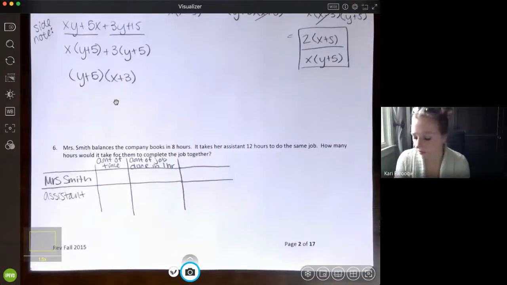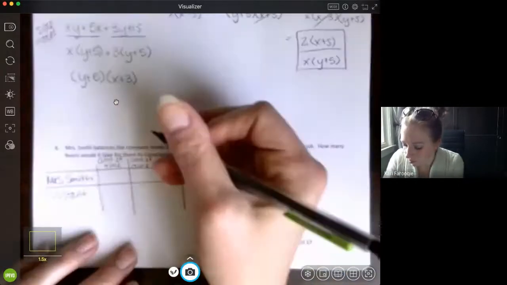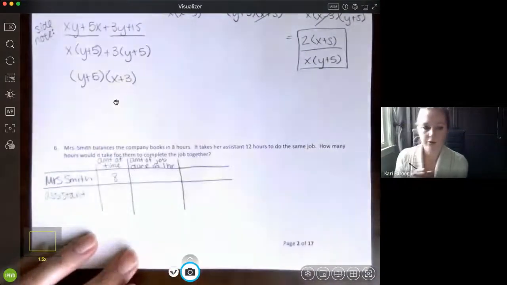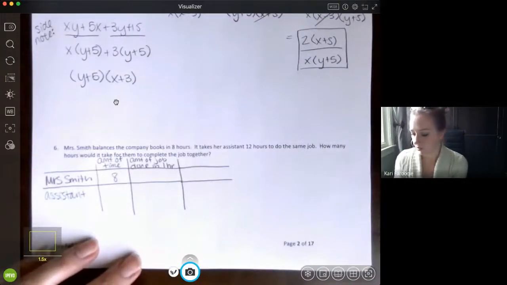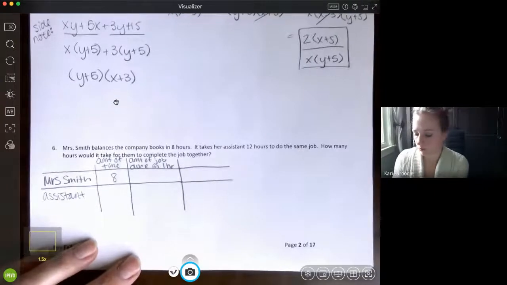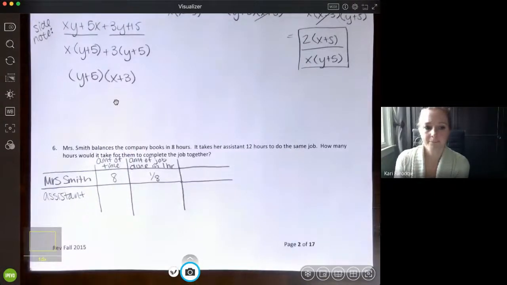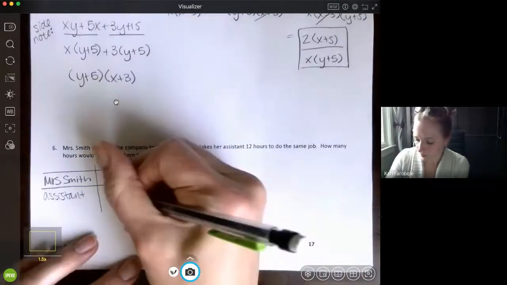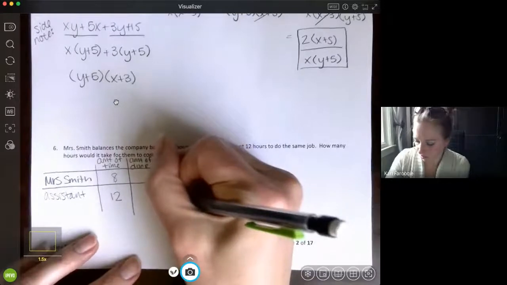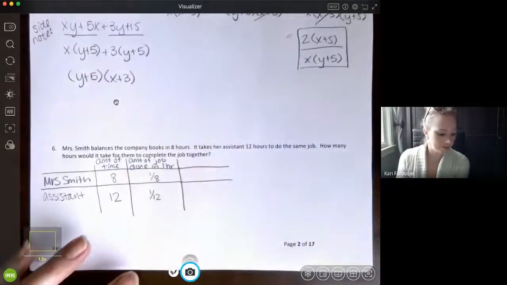So for instance, if we know that it takes Mrs. Smith 8 hours to balance the books, then we know that in 1 hour, she's gotten 1/8 of the job done. And for her assistant, if it takes 12 hours, we know in 1 hour she's gotten 1/12 of the job done.